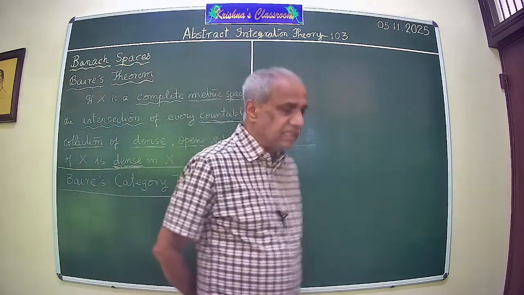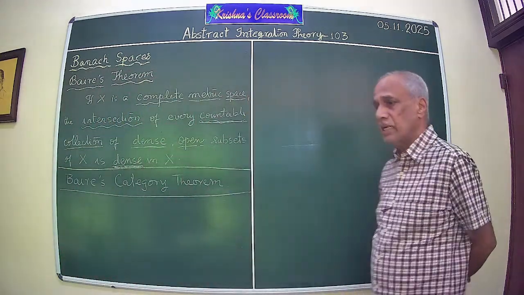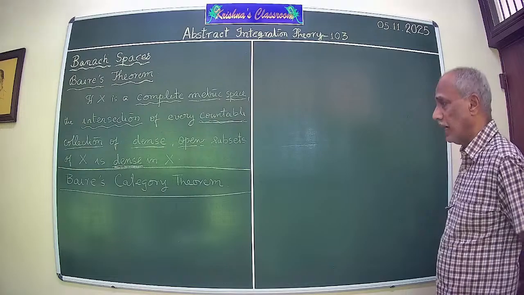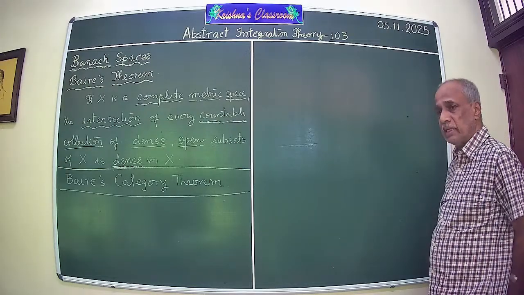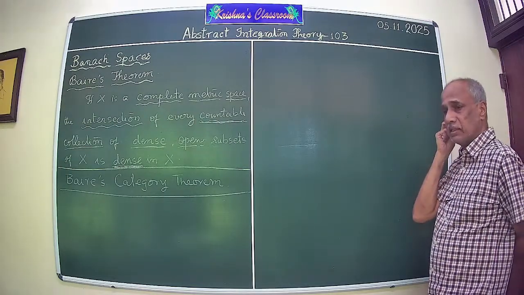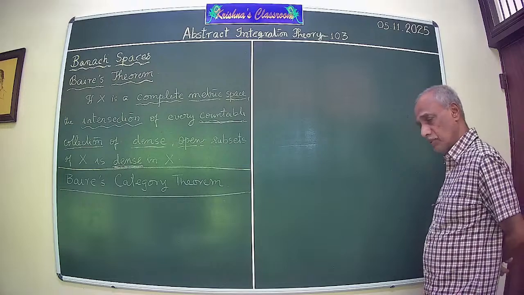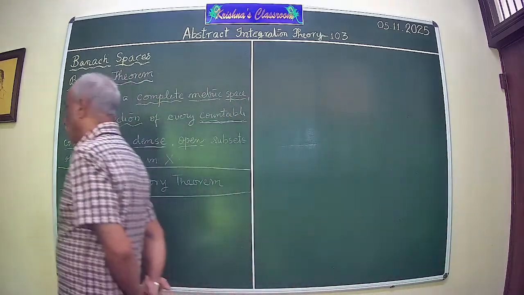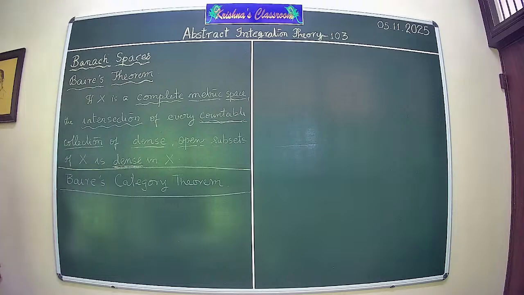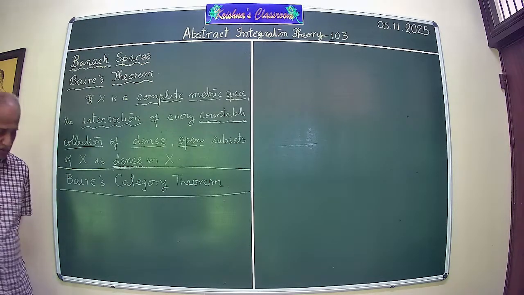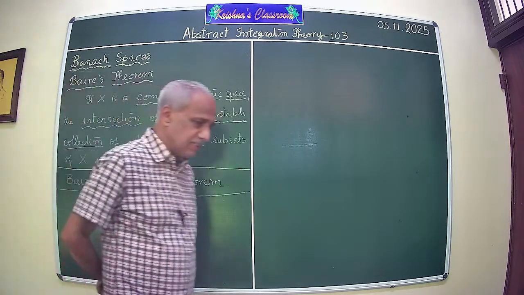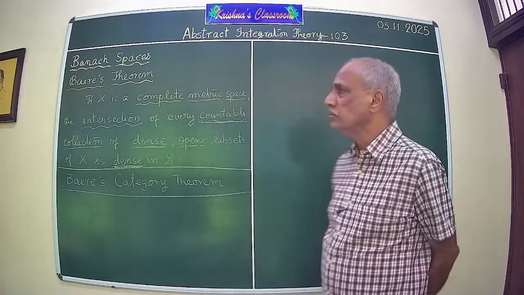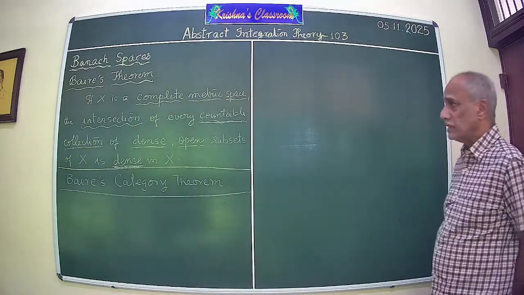Banach spaces is that we shall need it as a tool in proving some of the important structural theorems of Banach spaces, like the open mapping theorem, Banach-Steinhaus theorem, and so on. So we shall just go into the theorem.